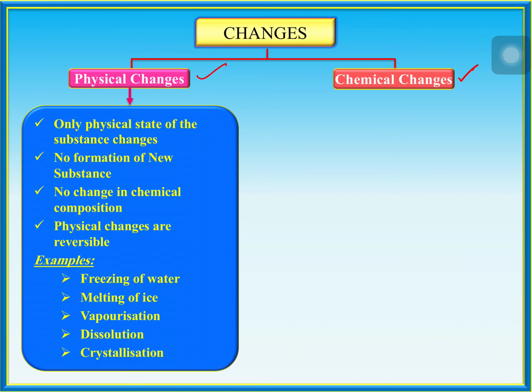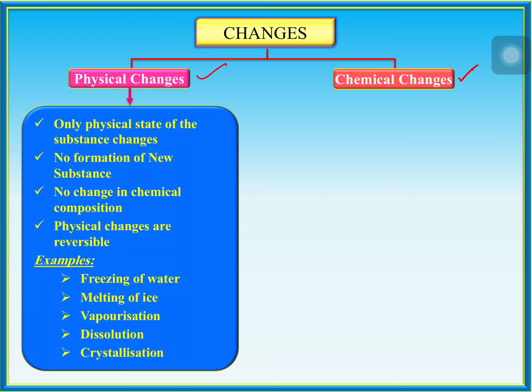Actually, there are 6 fundamental states of matter: solids, liquids, gases, quasi-static matter, plasma state, and Bose-Einstein condensate. Out of these, we are going to discuss the very familiar and commonly existing states: solids, liquids, and gases. These are called the physical states of any substance.